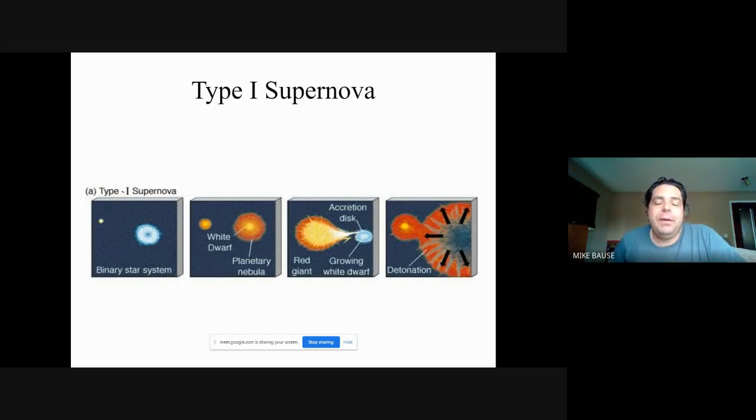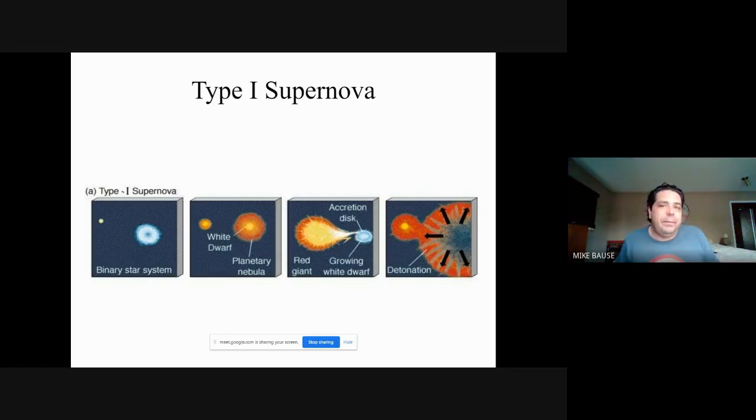As a result, every type 1 supernova that has ever happened in our universe pretty much gives off the same amount of energy. So that means if I know how much energy is coming out of a type 1 supernova and I see a type 1 supernova far, far away, I can actually determine its distance, right? You guys did this when we did magnitude stuff.